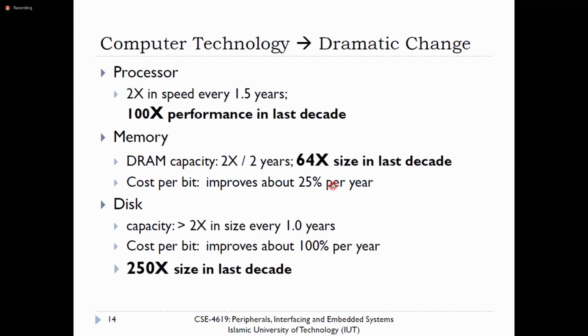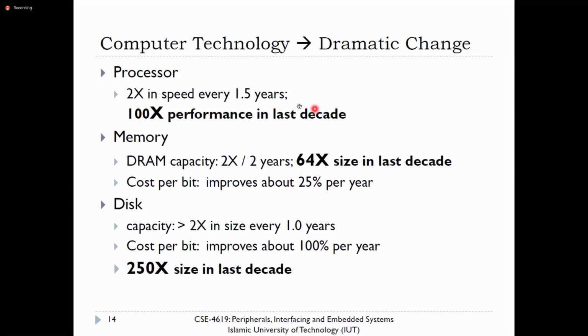Now, for this dramatic change in computer technology, I'll show you some general statistics. Let's see how processor speed has been doubling.